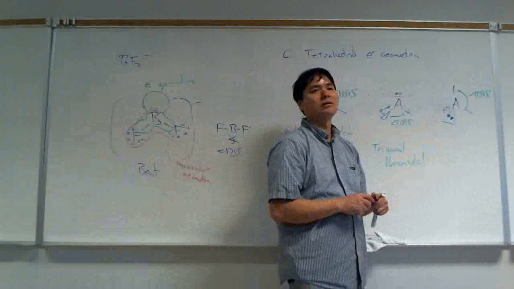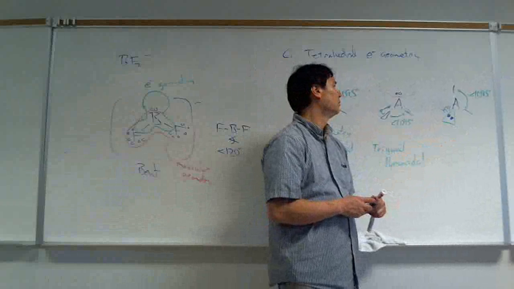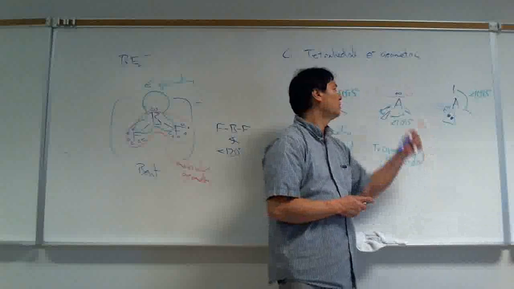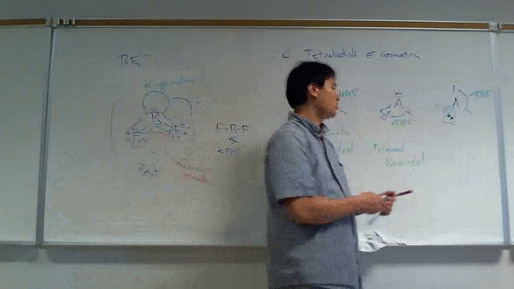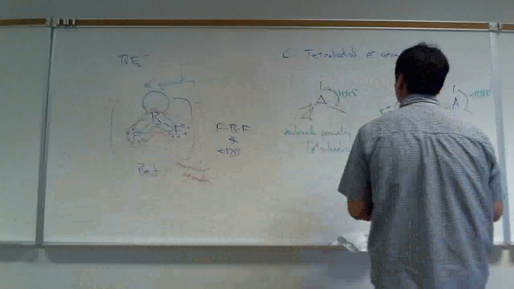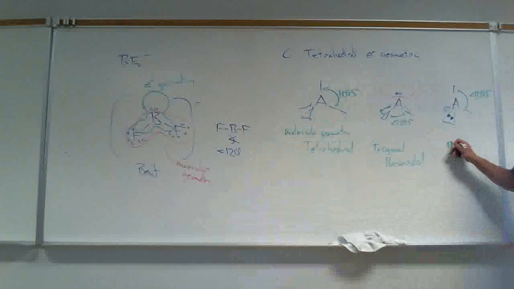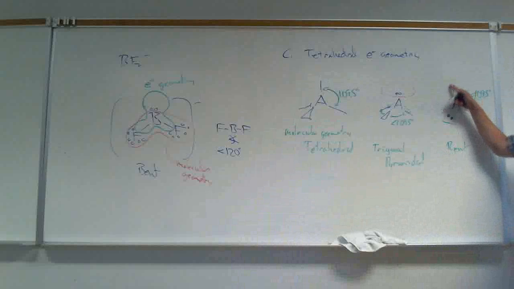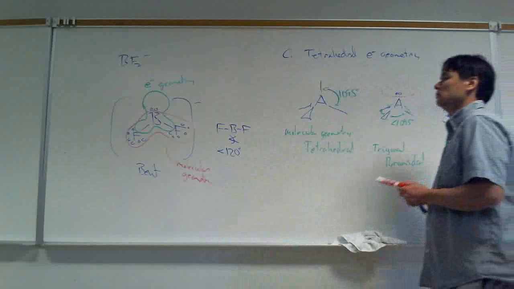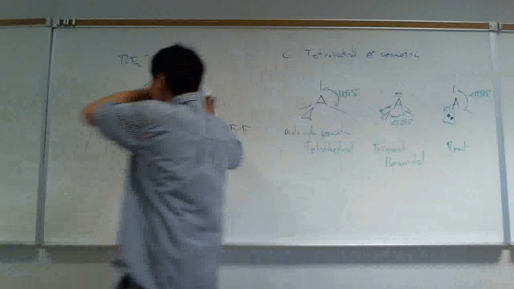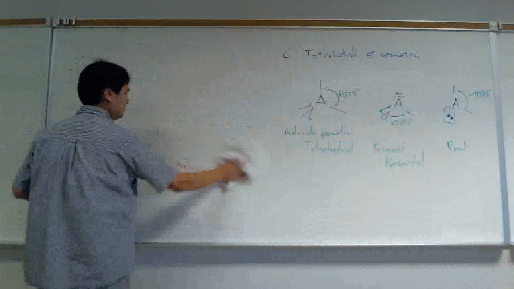What is the difference between one lone pair versus two lone pairs? When we have two lone pairs, the geometry comes out bent. So let's do three quick examples of these.